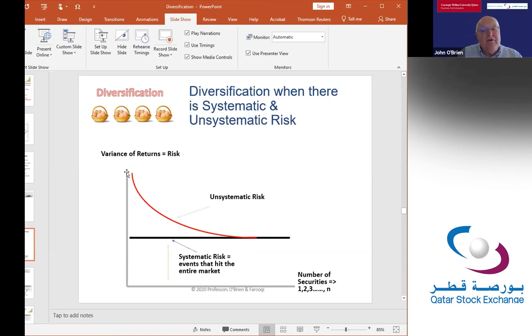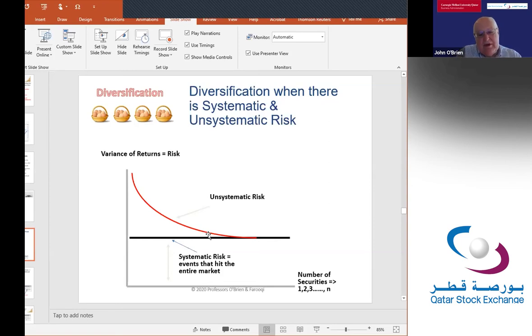So if you diversify naively and just throw in 1 security, 2 securities, 3, 4, you get down to about 16 securities and you're getting pretty close to this line, okay? So you can freely diversify away unsystematic risk with about 16 to 20 securities, but your portfolio is not risk-free. It is still stuck with systematic risk. And so that's as far as diversification can take you.